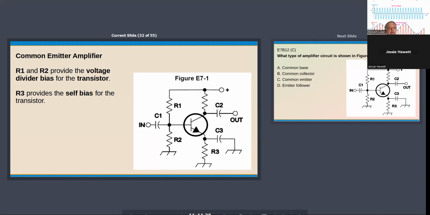The purpose of R3 and C3 is to provide self-bias as part of the bias circuit to stabilize the circuit due to temperature variations and things, versus the R1, R2 bias on the gate, or the base, excuse me.